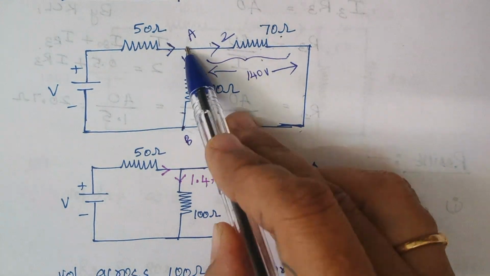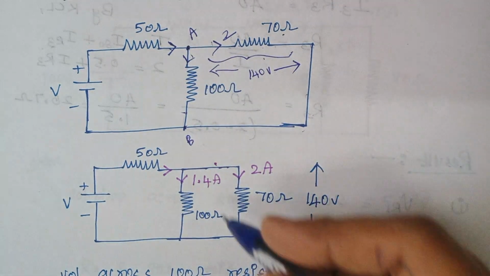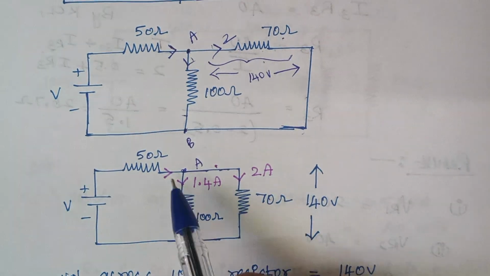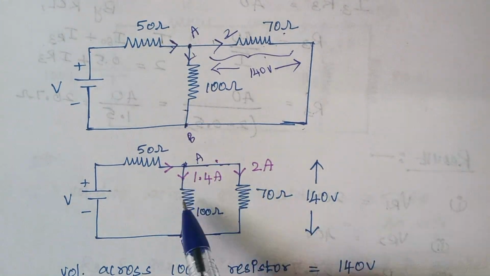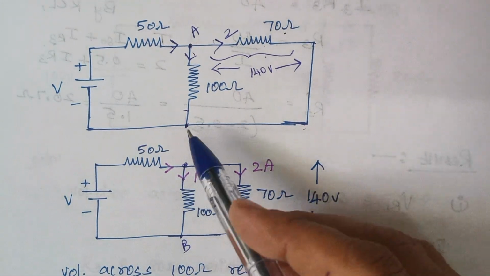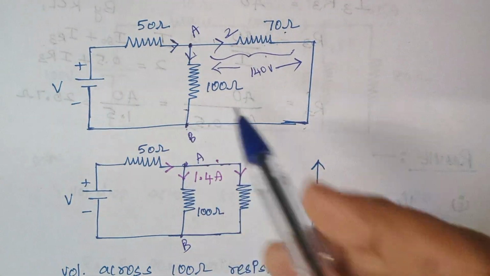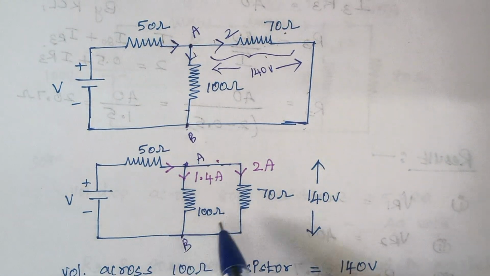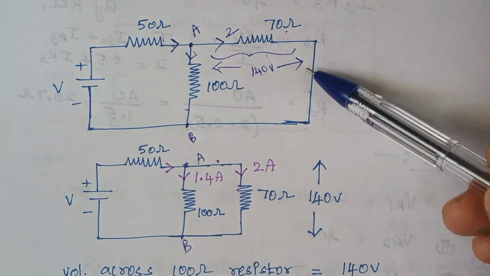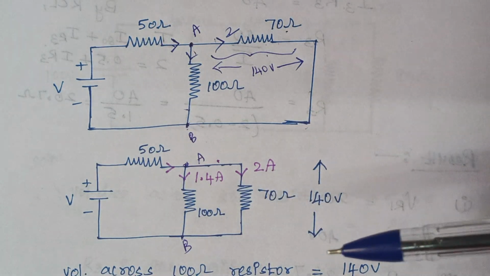To this node A, one end of the 100 ohm and one end of the 70 ohm is connected, and at node B, the other end of the 100 ohm and the other end of the 70 ohm is connected. So these two circuits have the same meaning.